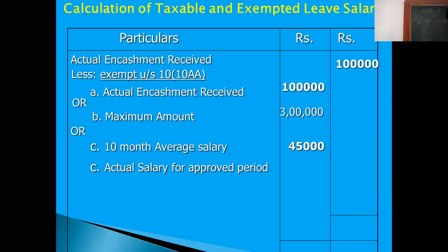Actual salary for the approved period of leave. Whatever you already calculated: total leave allowed to me was 915. Out of 915, he availed 615 leaves. Then remaining leaves are 300. For 300 leaves, what is the salary?